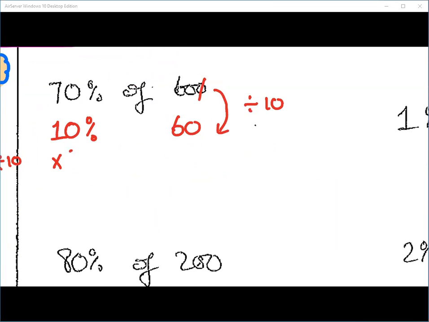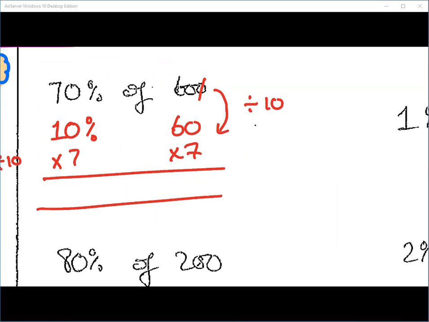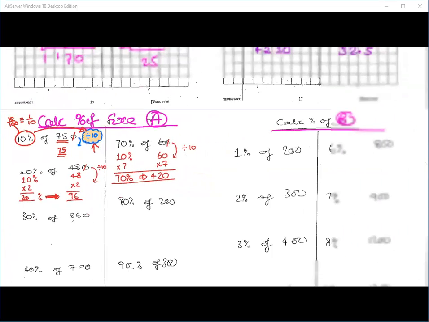Times by 7. And what's 10 times by 7? 70, which we want. And then what is 60 times by 7? 420. Fantastic, lovely.